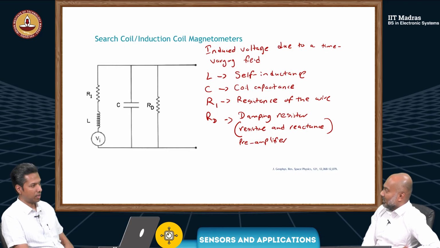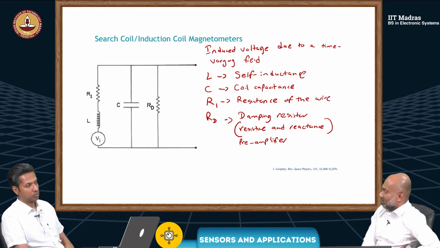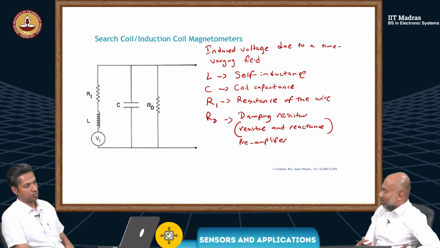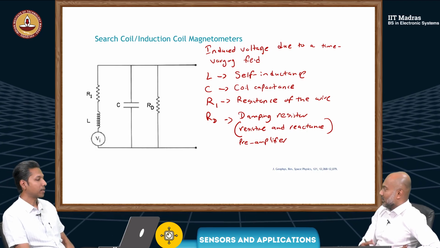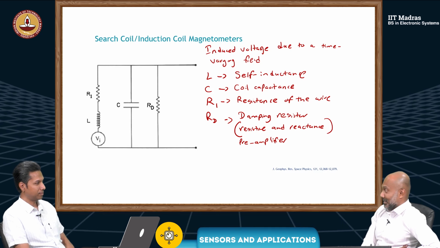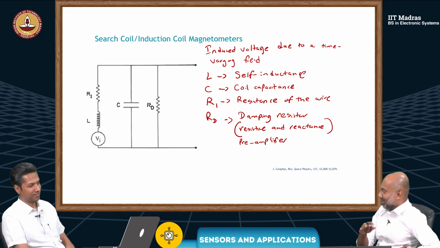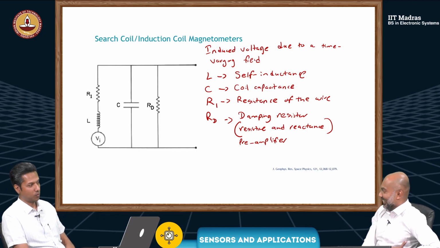The Q factor can be adjusted. I mean, we'll talk about all this a bit later on. But generally, I think the higher the RD is better. If you have high RD, you might get close to your critical damping factor.